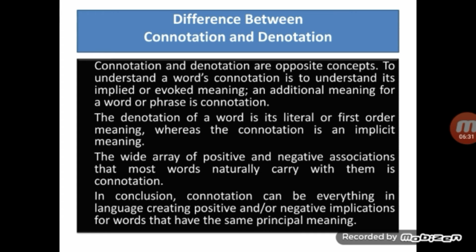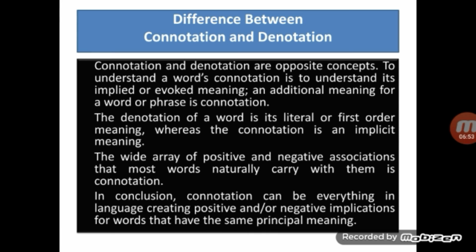So let's talk about the difference between connotation and denotation. With our previous discussion regarding connotation and denotation separately, you might have got the point regarding the differences between them. Let us see how they differ. Connotation and denotation are opposite concepts.